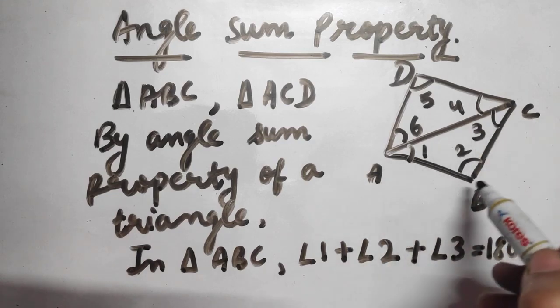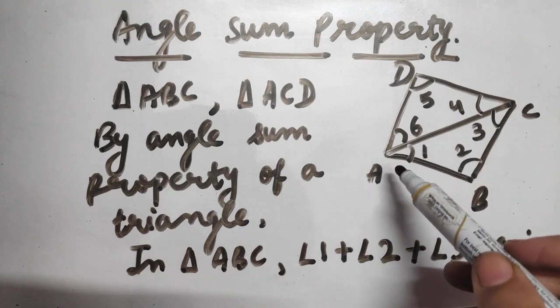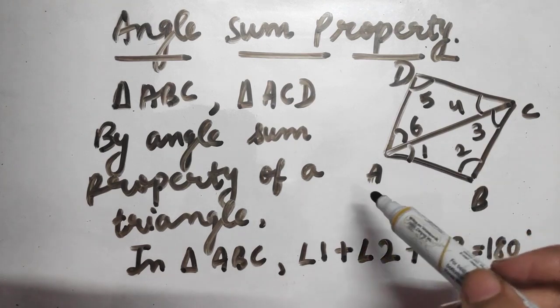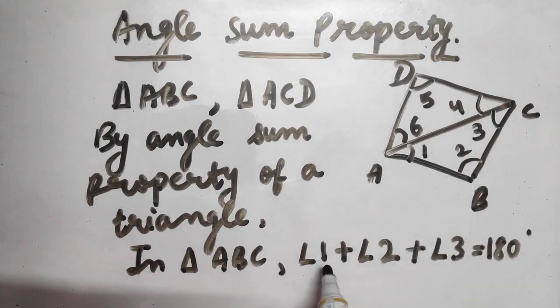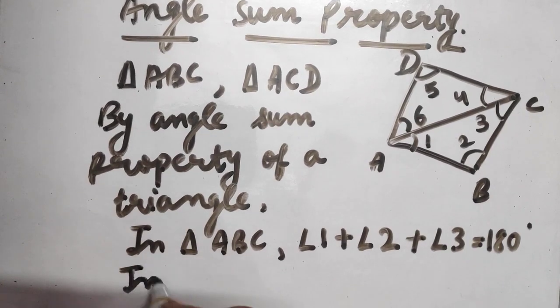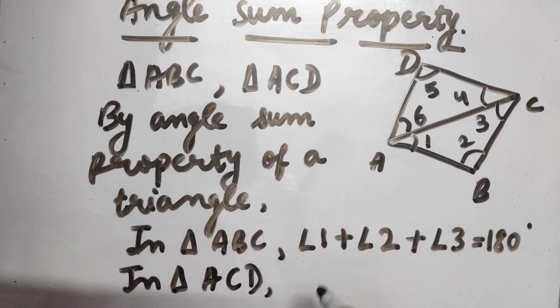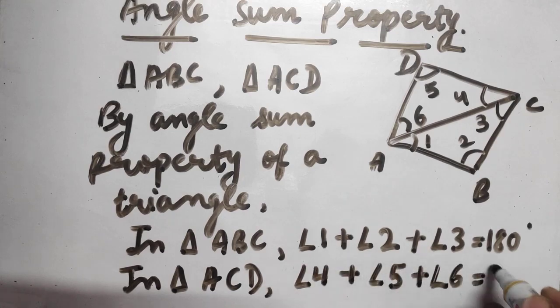You can see these are the three angles of triangle ABC, and you must have learnt in class 7 that the sum of all the interior angles of a triangle is 180 degrees. Now in triangle ACD, angle 4 plus angle 5 plus angle 6 is equal to 180 degrees.